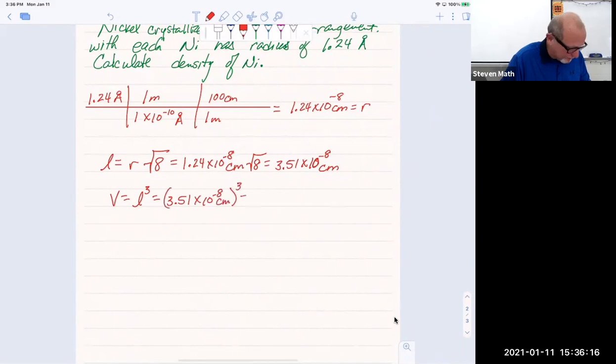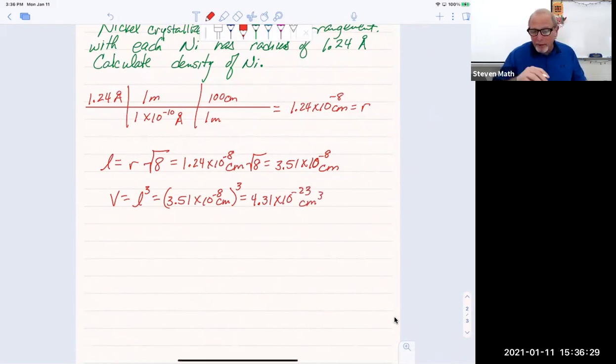We're going to get a tiny number, 4.31 times 10 to the negative 23 centimeters cubed. That's my volume. That's a nice one. Let's hang on to that one till the very end when we go to calculate the density.